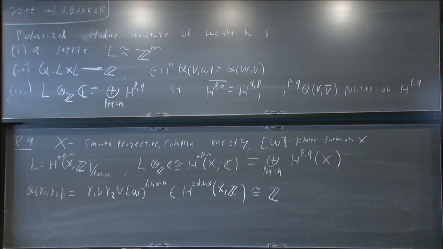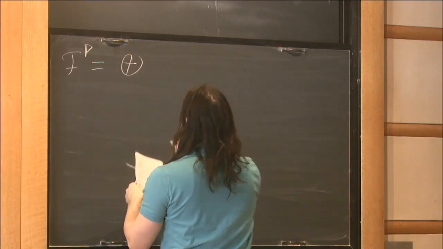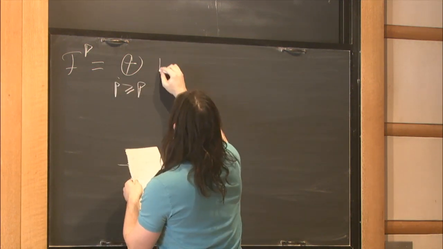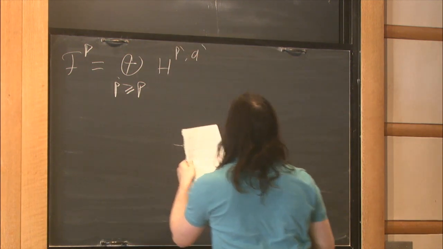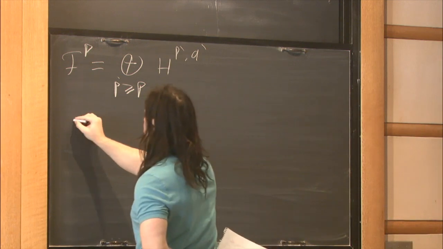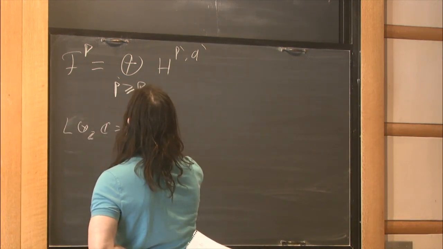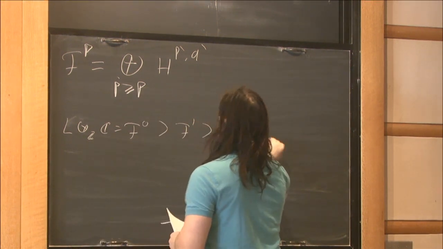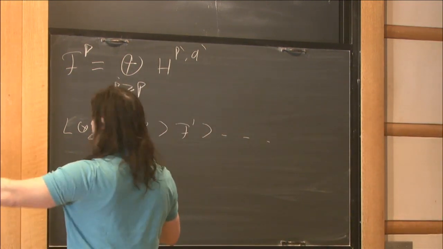So let's define the filtered piece F^p to be the direct sum over p prime at least p of H^{p',q'}. And so then we have a descending filtration starting from F^0 and going down. And from here, we can recover the H^{p,q}s.